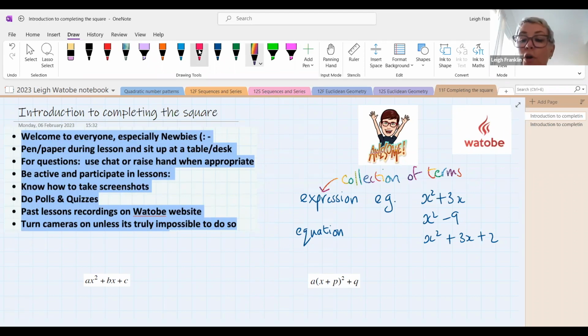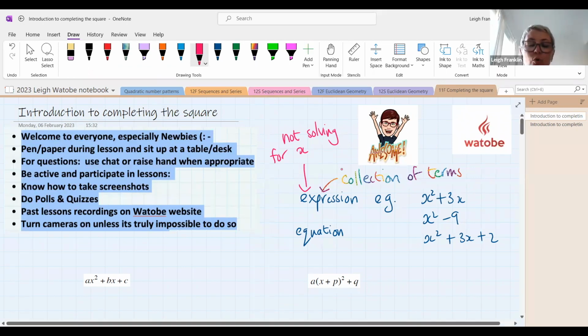We are not solving for x. The value of x is unimportant to us. Either we are factorizing expressions or we are multiplying out brackets and collecting like terms. But what we are not doing is worrying about what the value of x is.